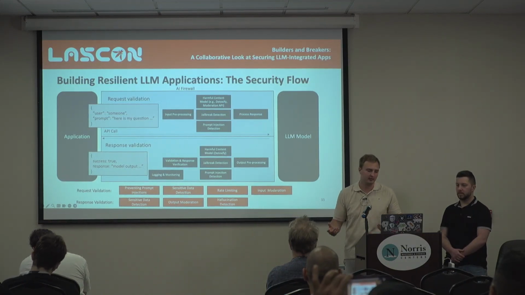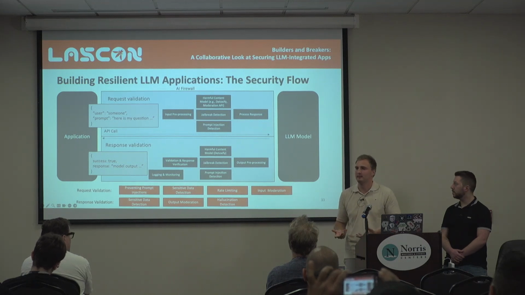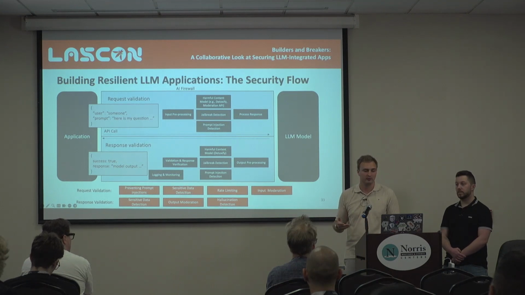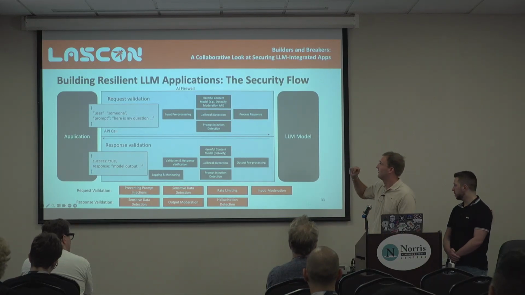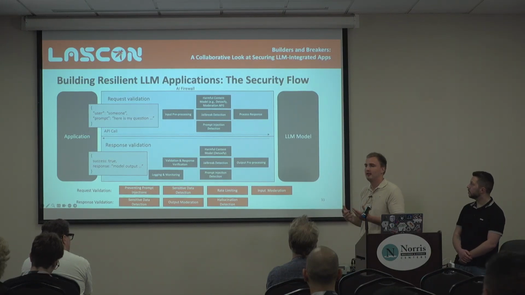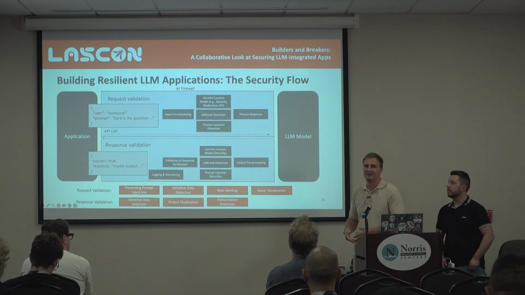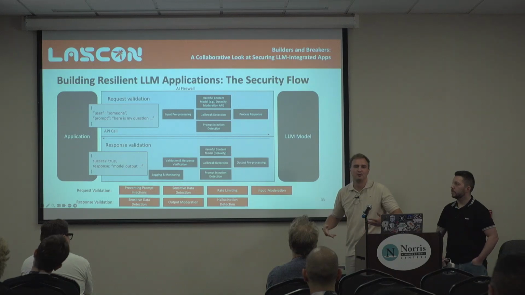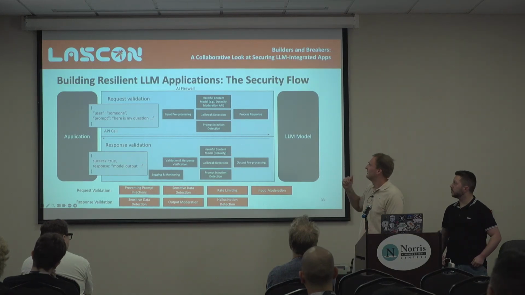Some are easier on performance, like regular expression checking. But we can also use another model, for example models like Detoxify, or we can use the moderation API, which helps us detect if the prompt contains something like, tell me how to build a bomb. So they will then detect this.